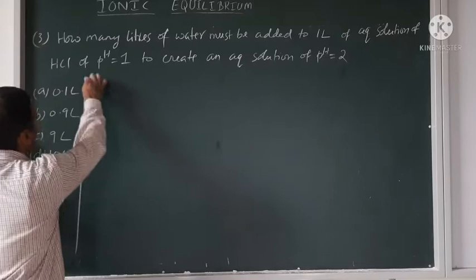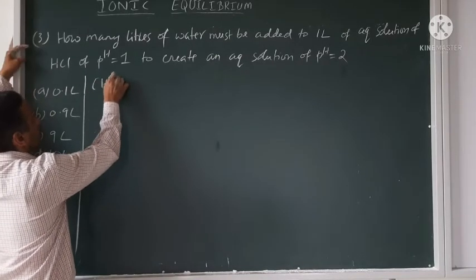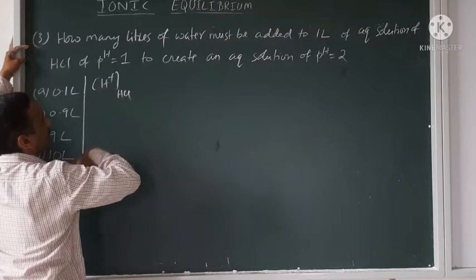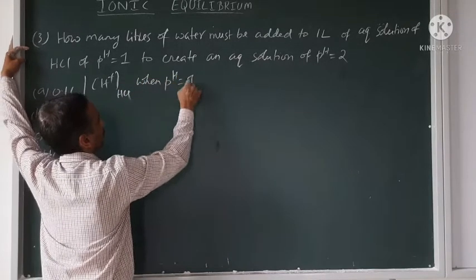Okay. So first get the H plus concentration of HCl when pH is equal to 1.